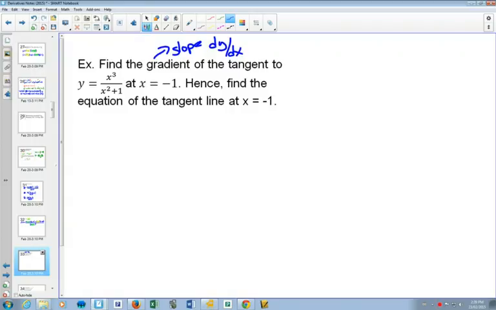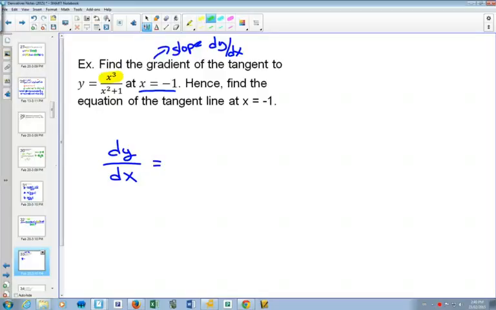And then once we've found dy dx, we're going to be able to plug in x equals negative 1 and find the specific slope at that point.